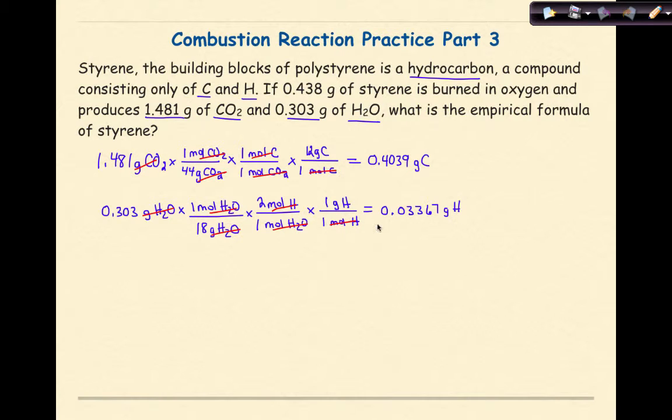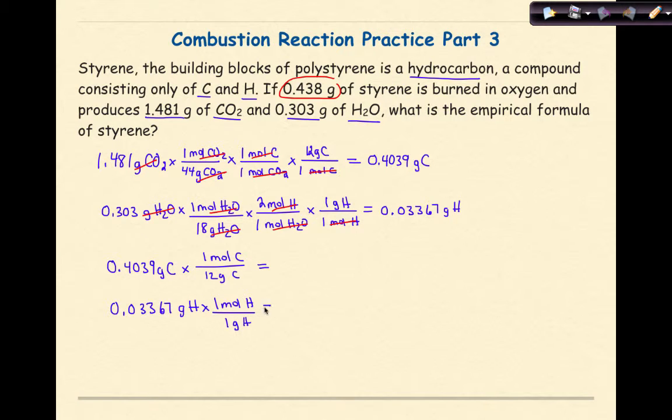Now where do we go from here? I want to take my mass of carbon, 0.4039 grams of carbon, and 0.03367 grams of hydrogen, and convert it to moles. So 12 grams of carbon is equal to 1 mole of carbon, and 1 mole of hydrogen is equal to 1 gram of hydrogen, and I want to get an answer.